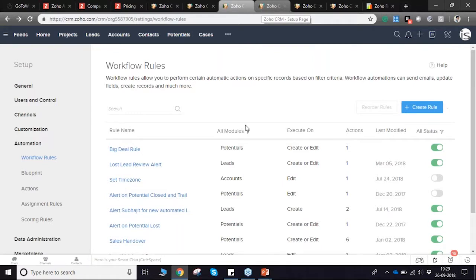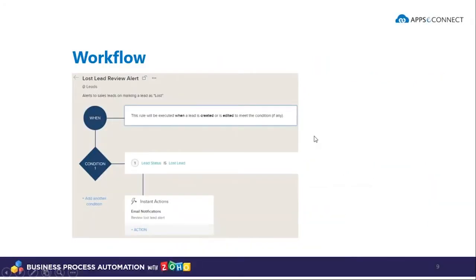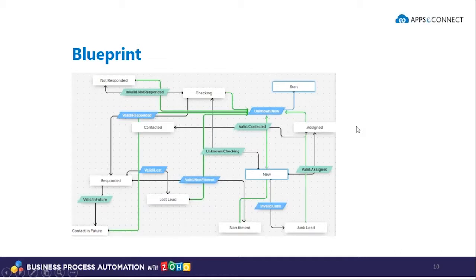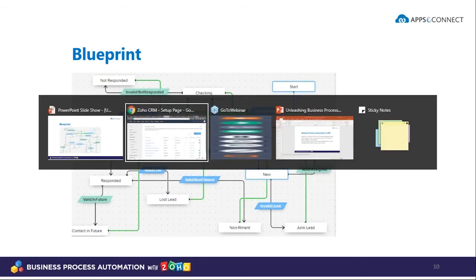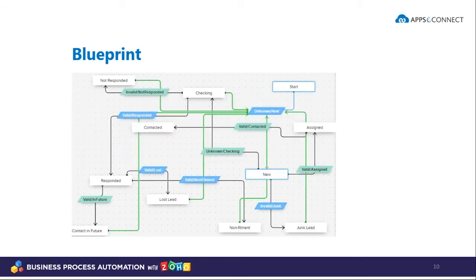Now, I think we can move to the next thing, that is the blueprint. A bit more advanced, looks a bit complex, but it is very useful. If we talk about how a blueprint works, it is basically nothing but like a workflow, but it is a bit more connected, more extensive.